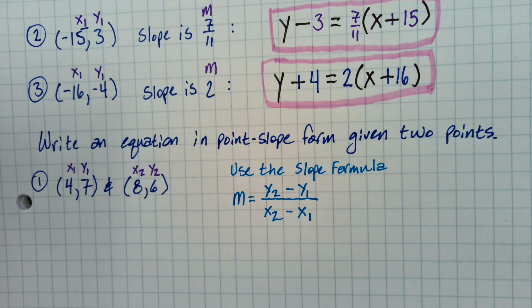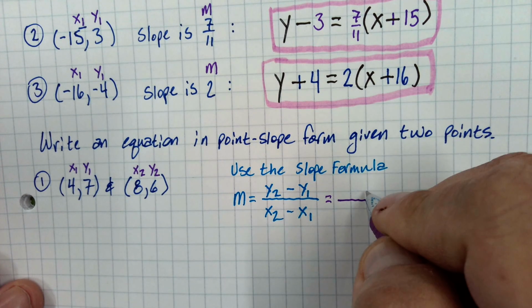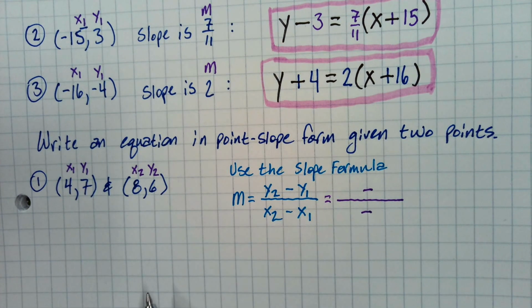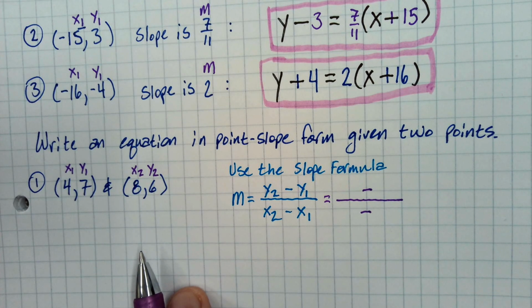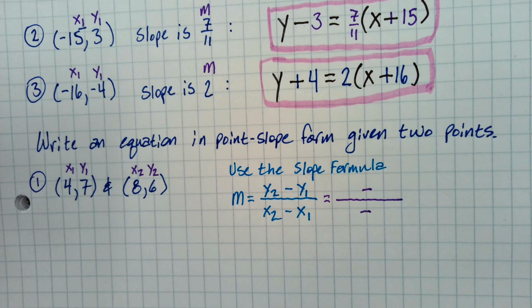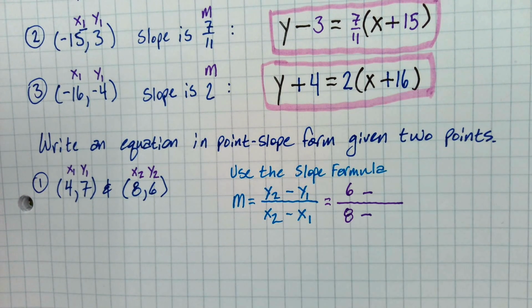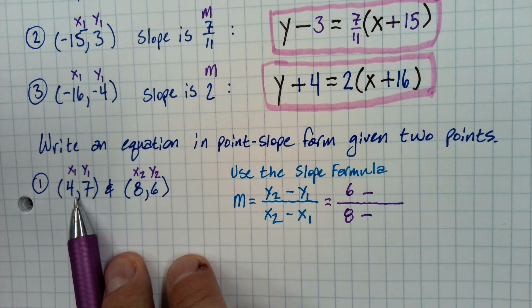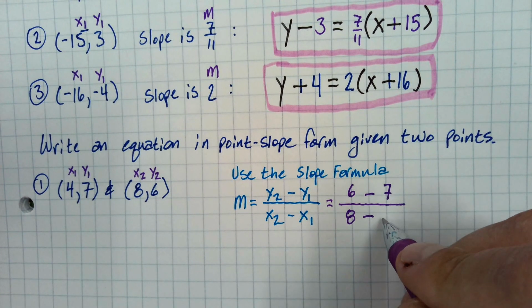So let's go ahead and plug those numbers in. We've done this before, so hopefully it's getting easier for all of us. So remember, we usually take that second ordered pair, turn the numbers. In this case, 6 is on top, 8 is on the bottom, and then just write them here. And then I take the first ordered pair, turn them counterclockwise, 90 degrees. 7's on top, and 4 is on the bottom.